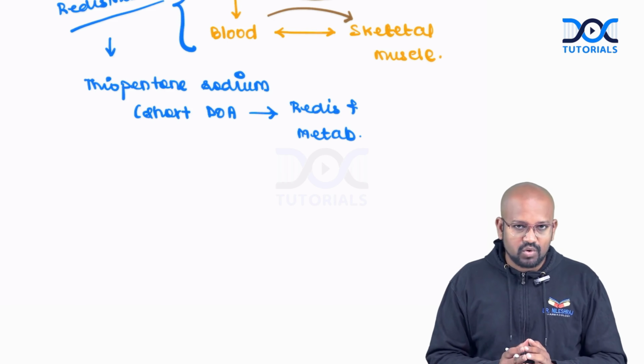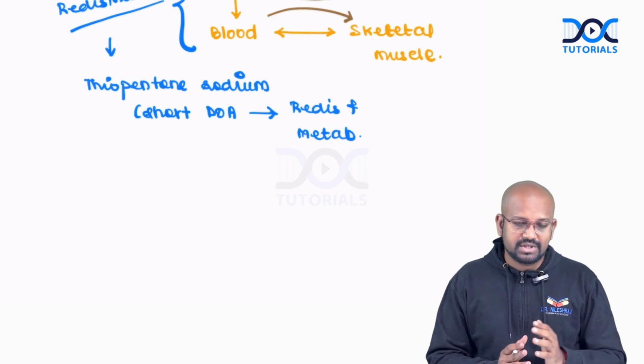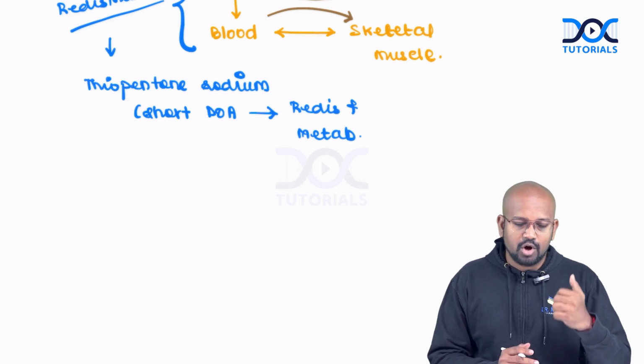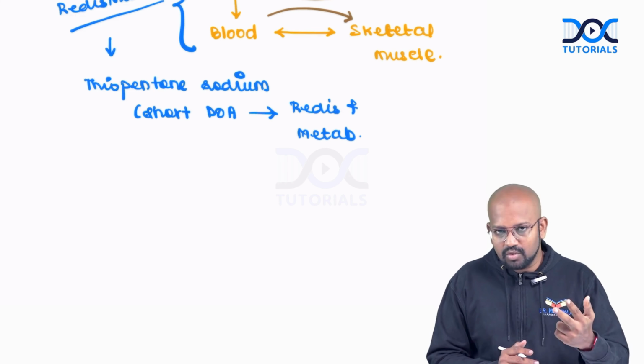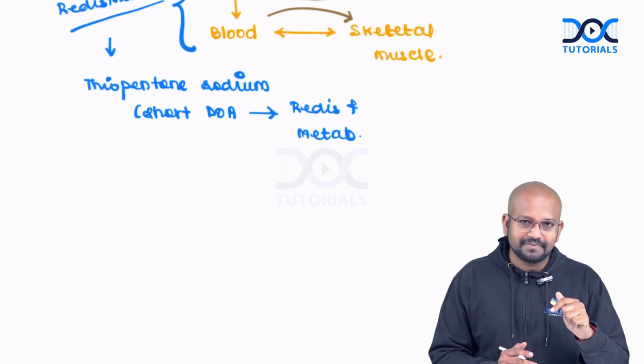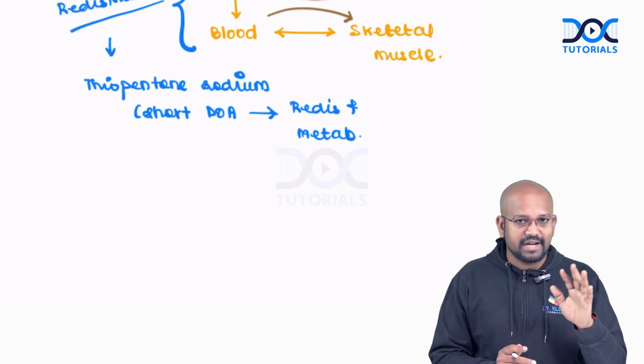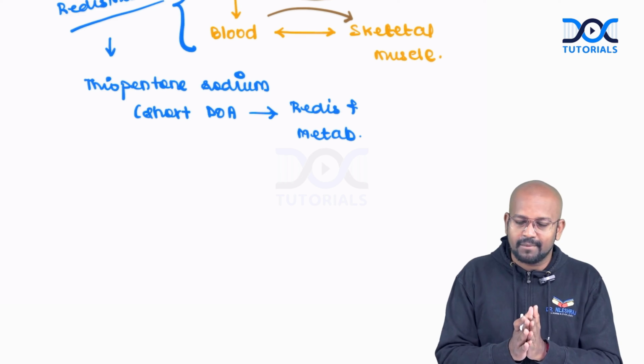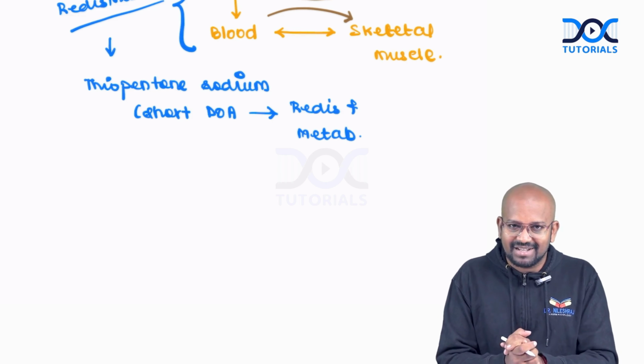So if you come across a question, thiopentone sodium has a shorter duration of action, the reason behind that is option A, redistribution, option B, metabolism, option C, both. The answer is going to be both. Is that clear? That's it about redistribution, guys. With this, we complete the most important topic in pharmacokinetics, which is distribution. Thank you.